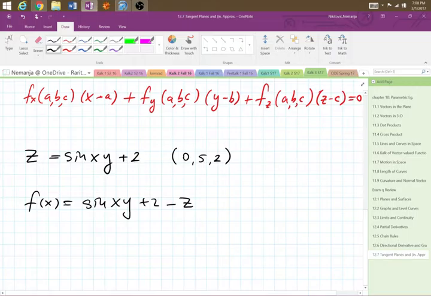So 0, 5, 2 is a, b, c? Yep. Of course, cool. It's math. It's calculus.